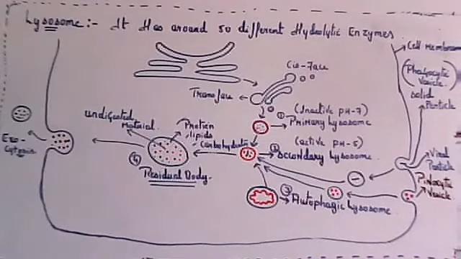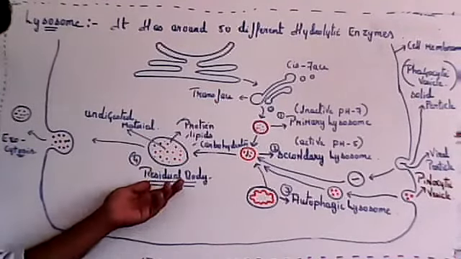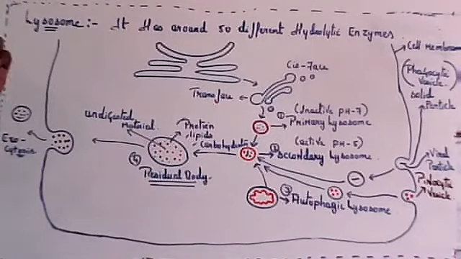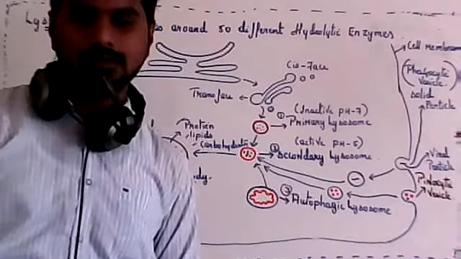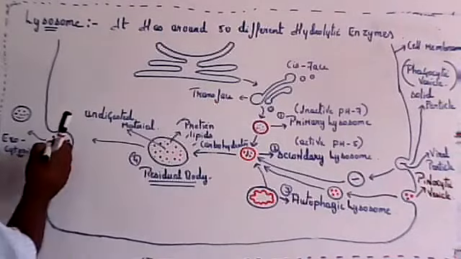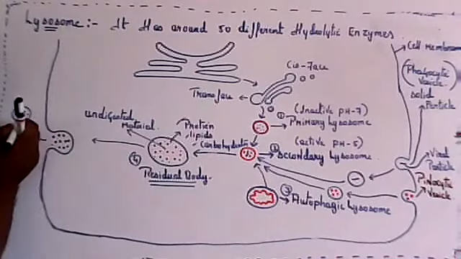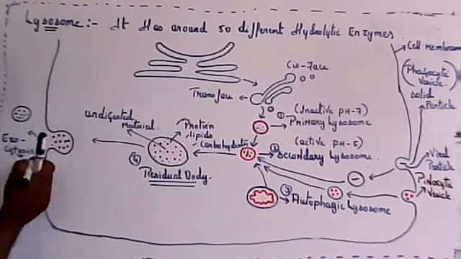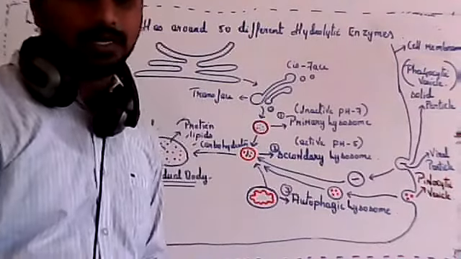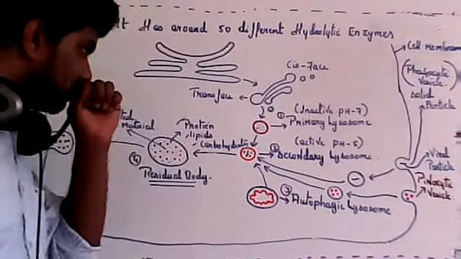If it is present in the cytoplasm, it will lead to different kinds of disease. So as soon as this residual body is formed, it is thrown out of the cell by a method called exocytosis. Exocytosis is a method by which a vesicle is formed and all the unwanted material is thrown out through this vesicle.